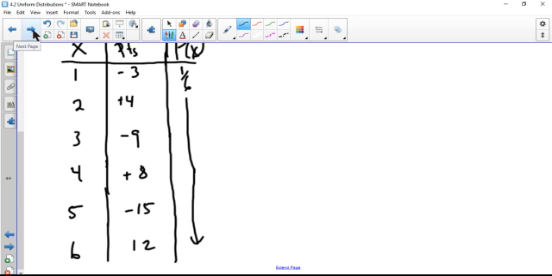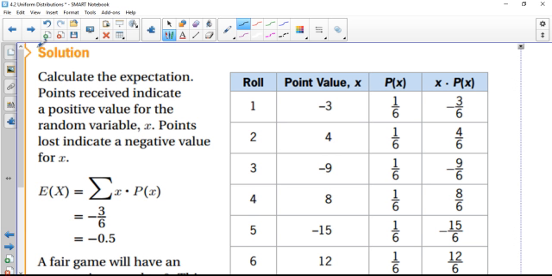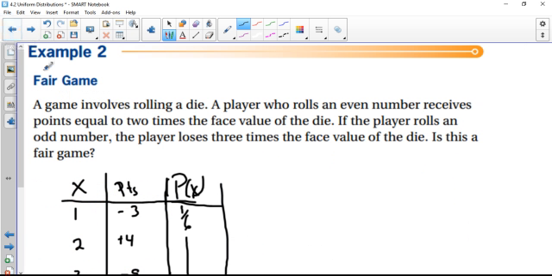Okay, now when we're looking at our expectations, so our expected value, why would we want to calculate an expected value? We want to see, if this was a fair game, what would be true about that expected value?